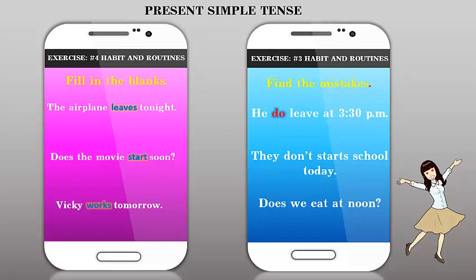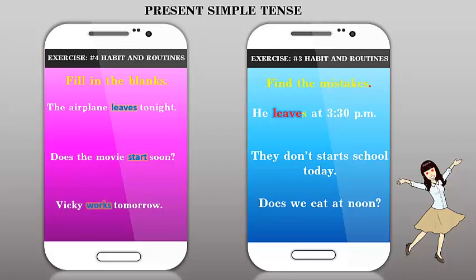But also the subject is he, so we would use does. Either way, we don't need this here. Well, now we have the verb leave and the subject he. Do you know what to do? We simply change this to leaves. He leaves at 3:30 p.m.